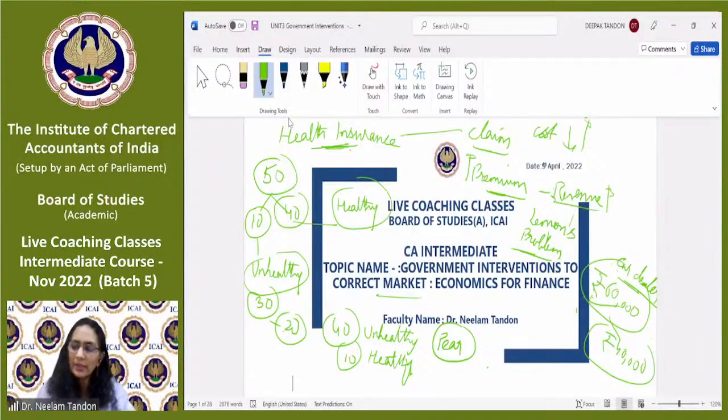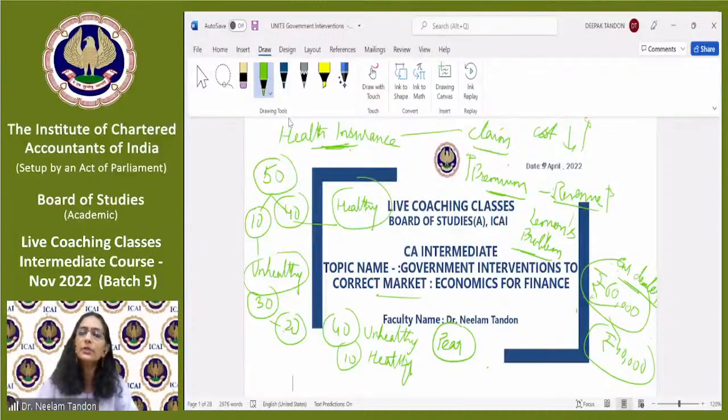So lemon क्या है इस case में? This is a concept given by economists where lemon is bad and pear is good. Okay, so that's how this is known as asymmetry of information, which leads to adverse selection. Asymmetric information क्या है? Banker को नहीं पता. Banker doesn't know the risk of the borrower.